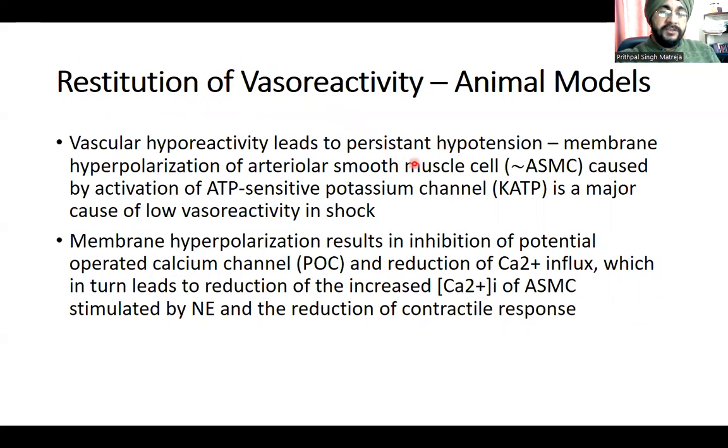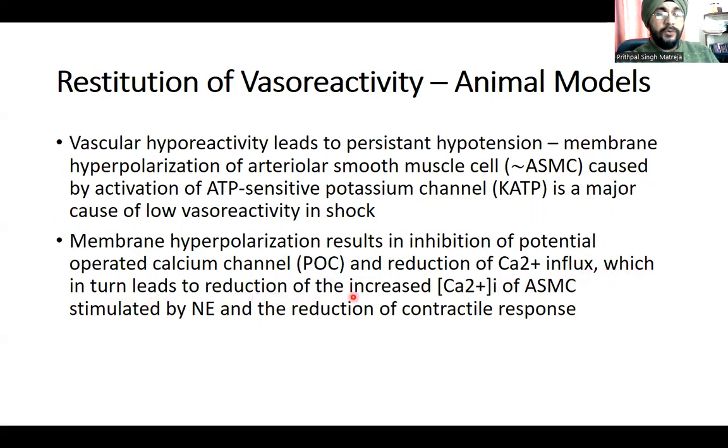Now, what was proposed was that vascular hyporeactivity leads to persistent hypotension, and this is due to membrane hyperpolarization of arterial smooth muscles, which is caused by activation of ATP-sensitive potassium channels, which could lead to a low vasoreactivity in shock.